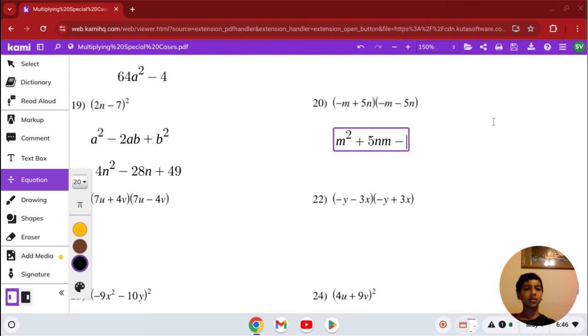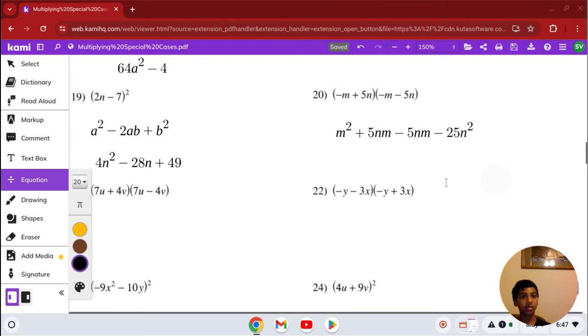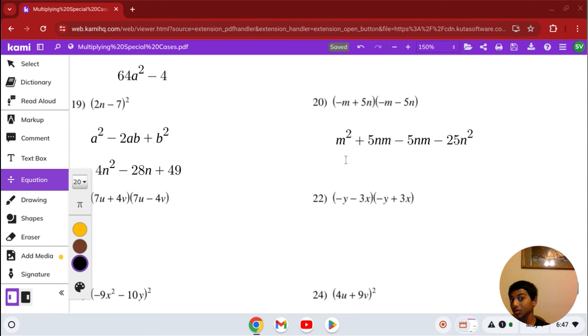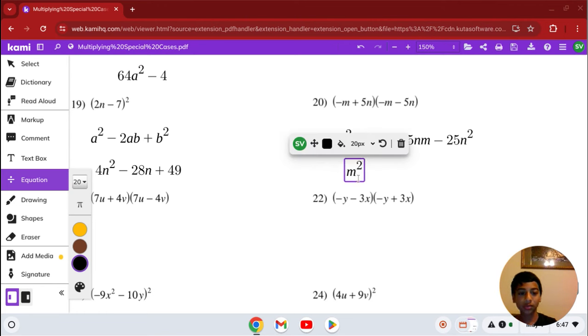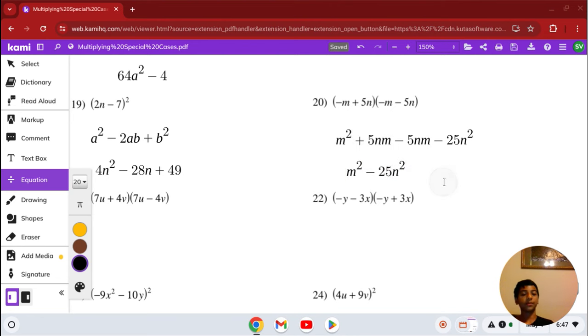Minus, 5n times negative m, which is minus 5nm. And finally, plus 5n times negative 5n is minus 25n squared. So we can cancel out the middle terms, becoming m squared minus 25n squared. That is our solution in number 20.